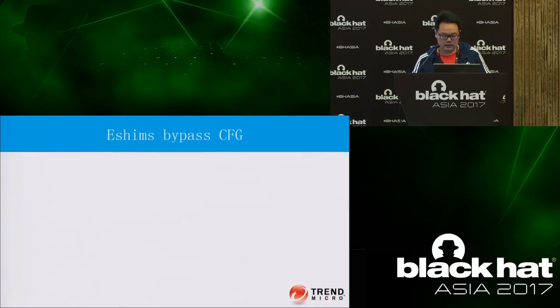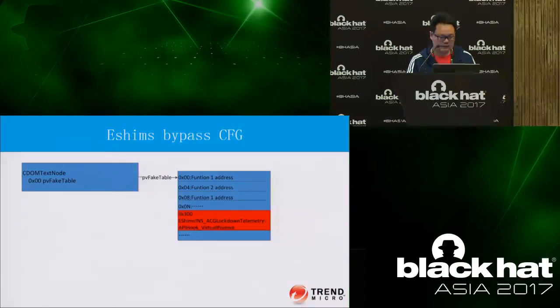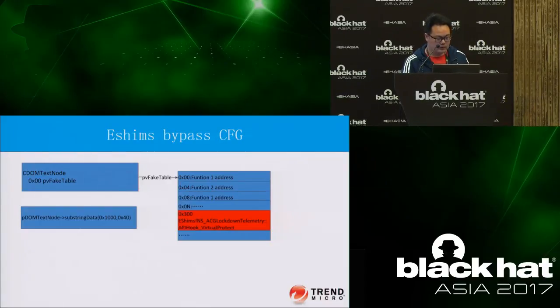Okay, I will demo how to exploit this. First, we create a CDOMTextNode object. Second, we fake the CDOMTextNode's vtable. Then we write the VirtualProtect address to the substringData offset in the vtable.